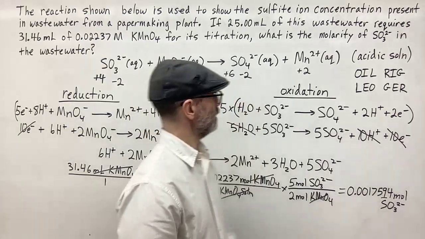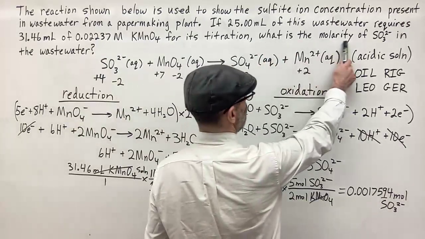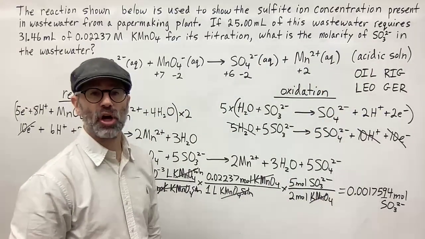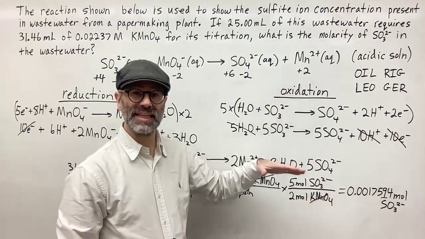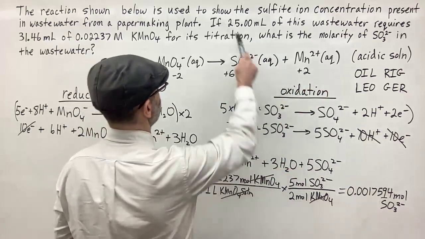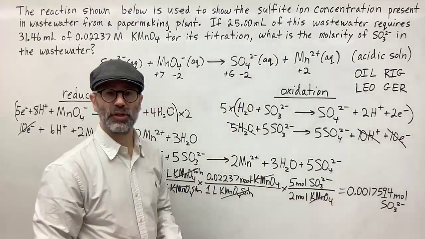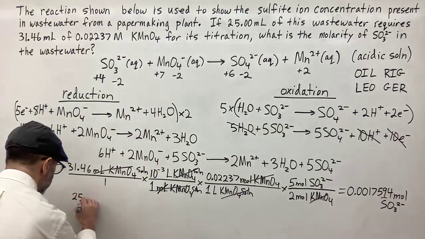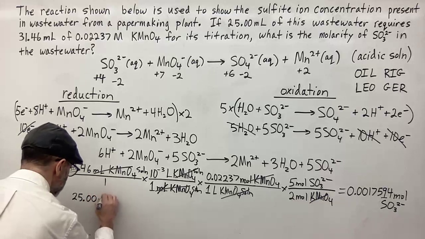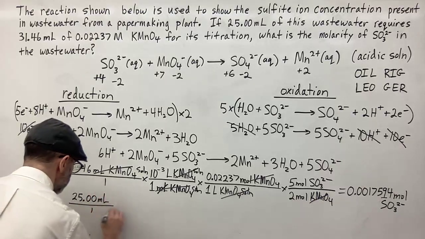So now, what are they asking for? Let's go back. So what is the molarity of the sulfite? So remember, molarity is moles divided by liters. So they gave us 25 milliliters. We need to convert that to liters. So we're going to take the 25.00 milliliters over 1.